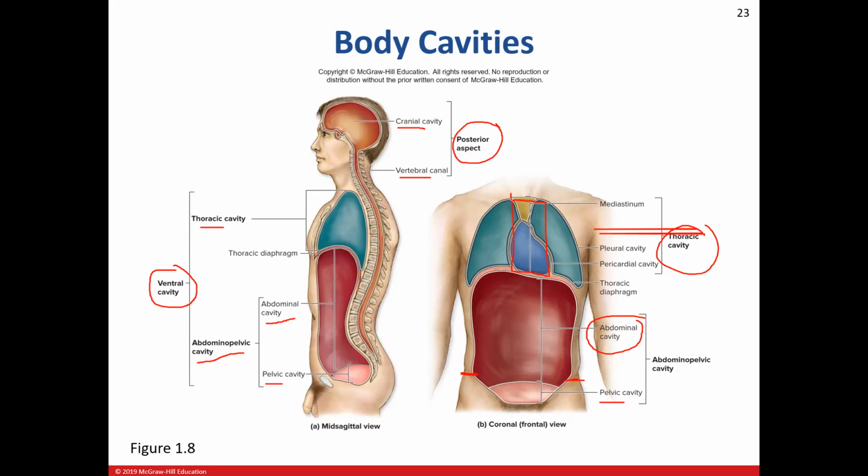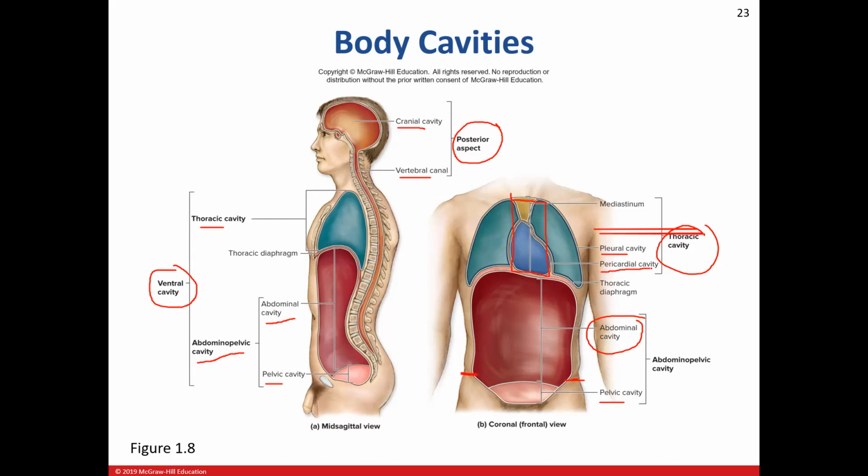We'll talk more about the mediastinum in a bit. On either side of the mediastinum, you have what's called the pleural cavity, and that's where your lungs live. And then, of course, also behind your sternum there, you have your pericardial cavity, and that's where the heart lives.